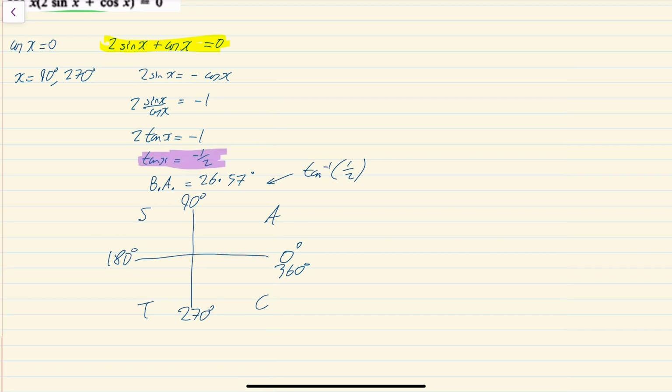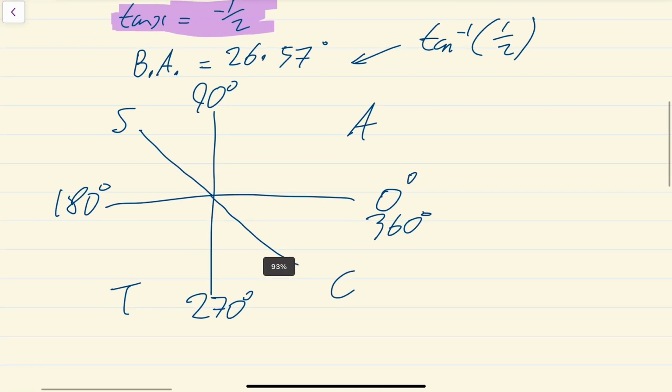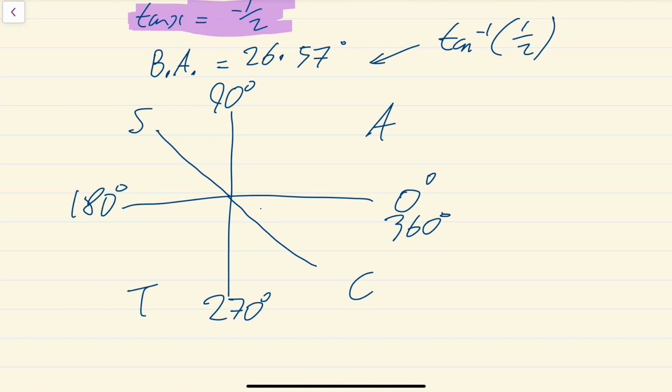So tan is negative in this quadrant, S, because in the S quadrant only sine is positive, and also in this quadrant, because in this quadrant only your cos is positive. So then you put your angle. What was our angle? 26.57, always with the horizontal line, so 26.57 degrees.